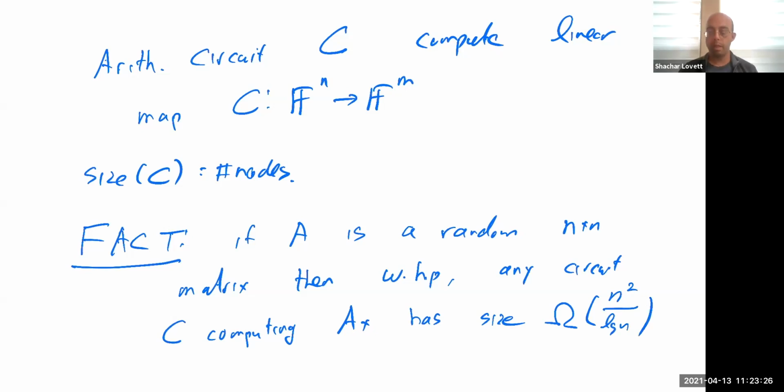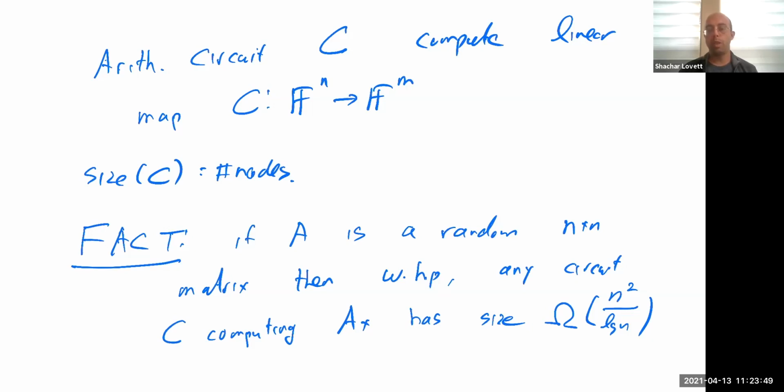Okay, so basically what we're saying here is that for a generic matrix, for most matrices, if I want to realize A times X by this type of arithmetic circuit, we need essentially naive size. So n squared is a trivial number of operations, just multiplying A times X one by one. And we can prove that for most matrices A, you cannot do much better.